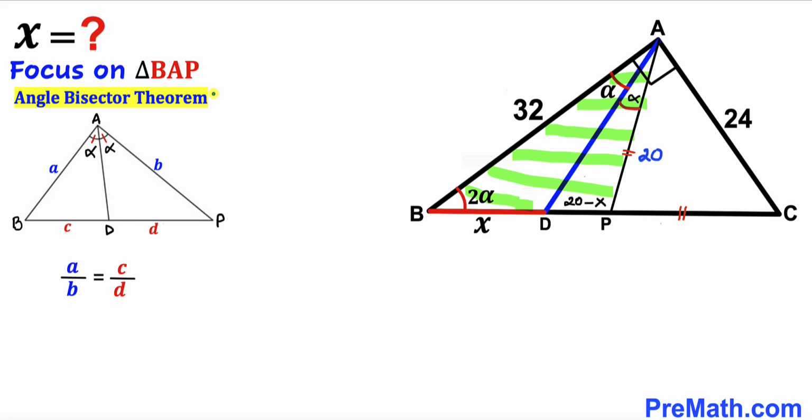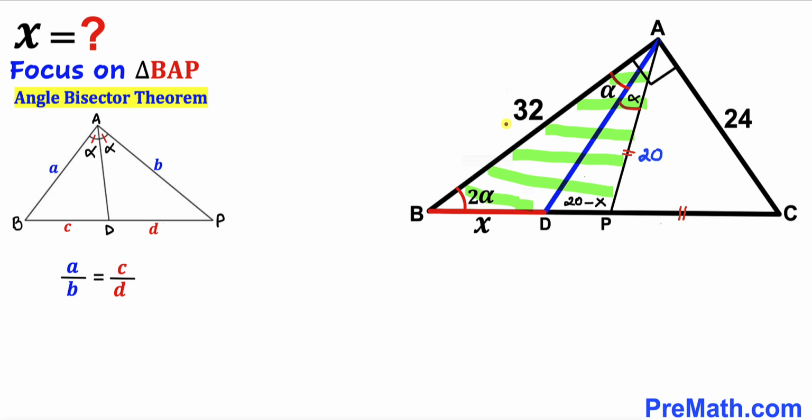Then according to this angle bisector theorem, the ratio of this side A and B is going to be equal to the ratio of this segment C and D. As you can see in this equation, A divided by B equals C divided by D.